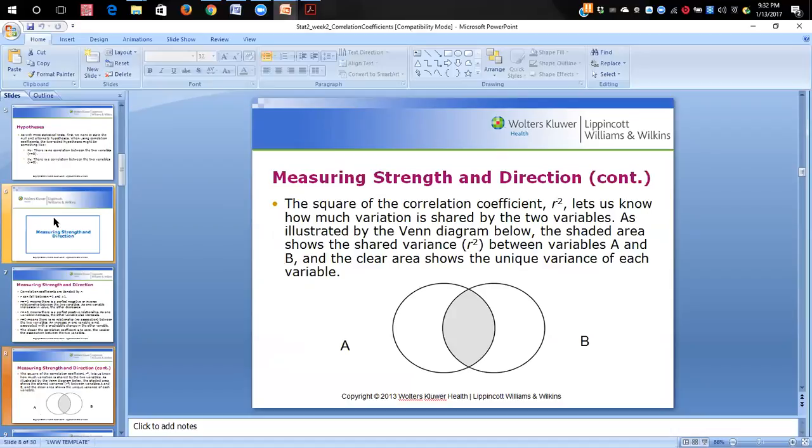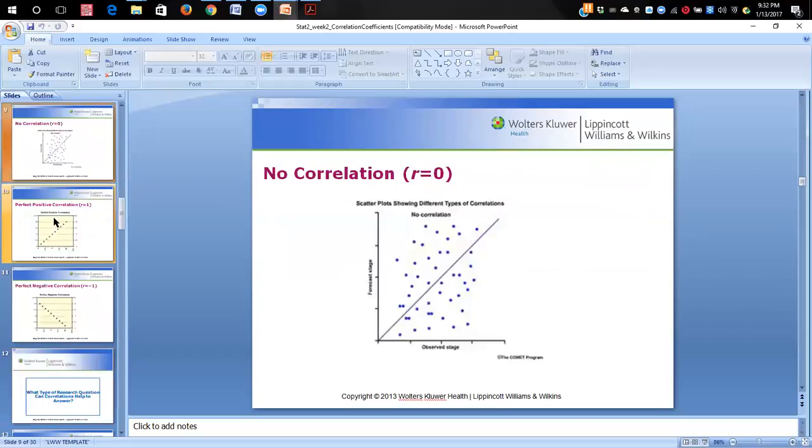And the clear area shows the unique variance of each variable. So here is a scatter plot of a study that showed no correlation, which has an R of 0 between the independent variable and the dependent variable.